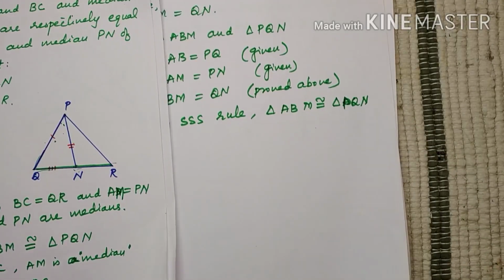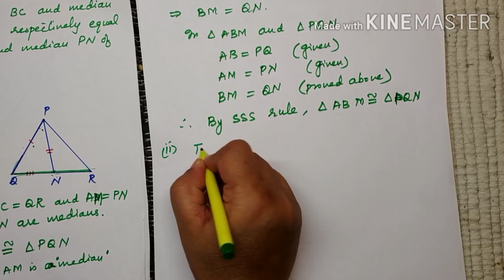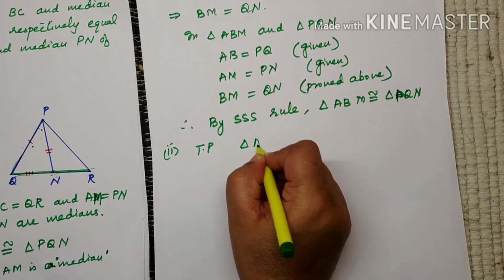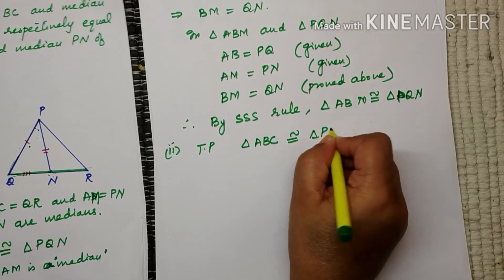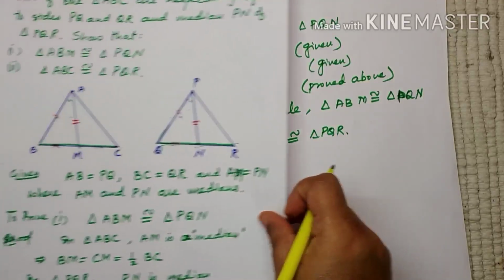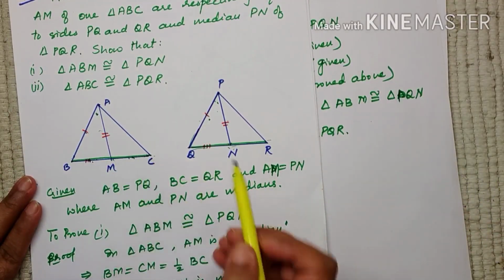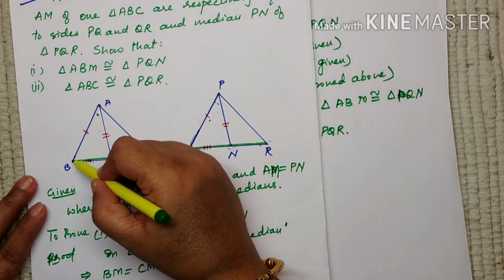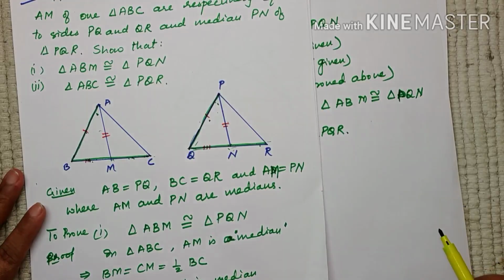Now further in the second part, I need to prove, children, that the bigger triangles are congruent. Triangle ABC is congruent to triangle PQR. Now observe the bigger triangles. Of the bigger triangles, I have this side BC and QR equal, given, and the side AB and side PQ equal, given.